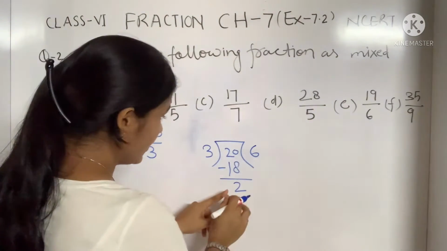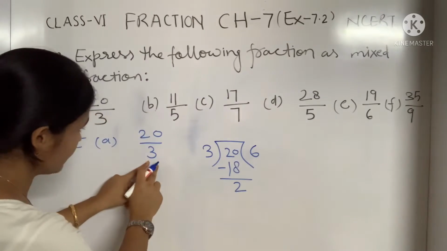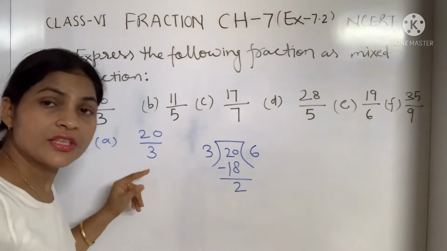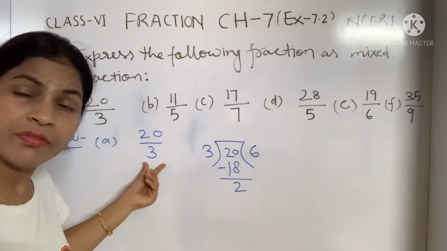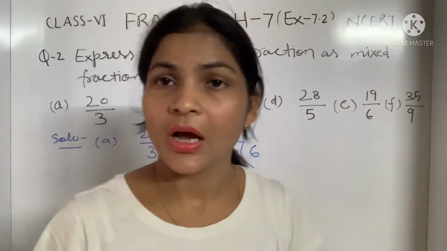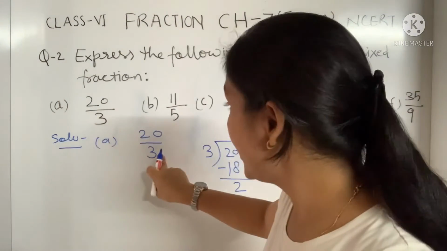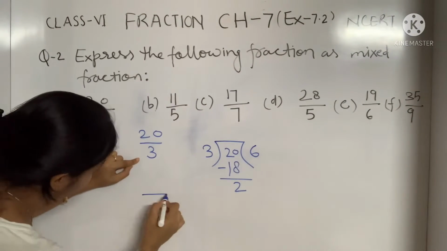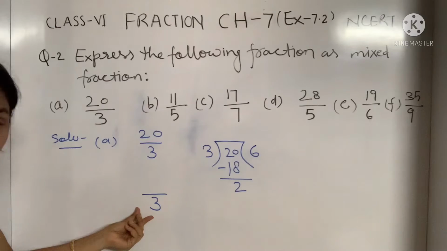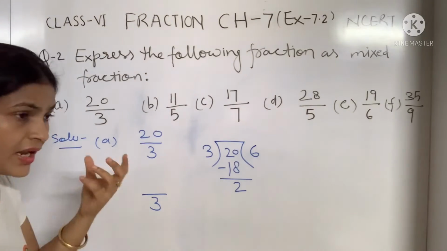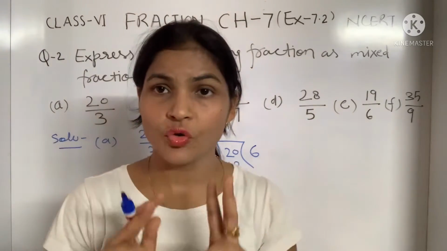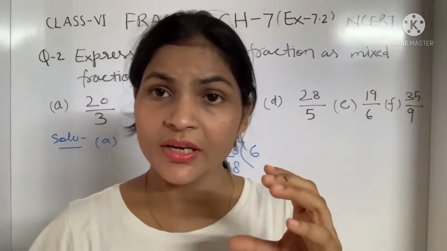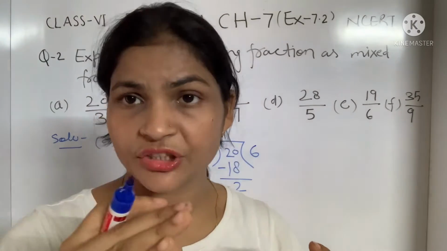How do we write this fraction in the form of a mixed fraction? The denominator part is always down. So when we write in mixed form, there also it comes down. So I have written 3 in the denominator. In any mixed fraction we have two parts, as I told you earlier. One is the whole part and the other is the fraction part.